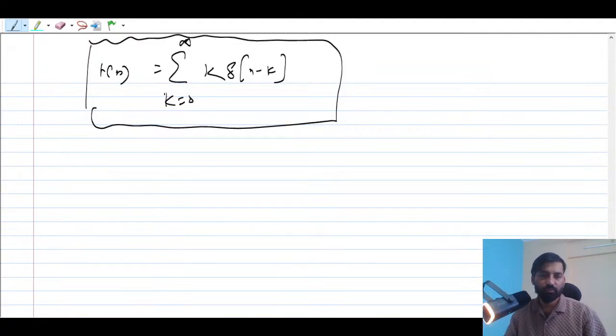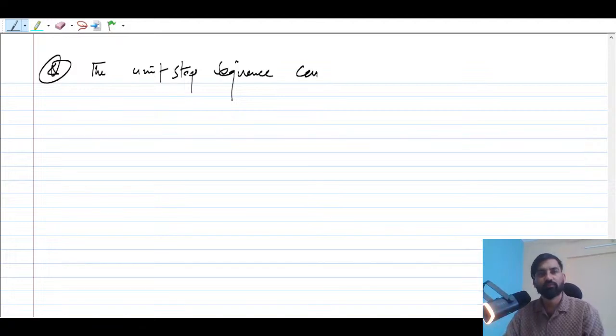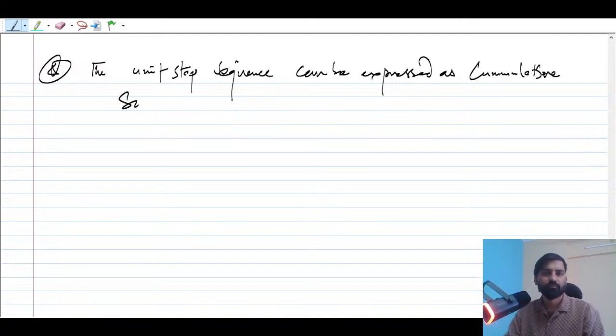One more point. You can also write this as: the unit step sequence can be expressed as a cumulative sum of delta of n, sorry, not x of n.